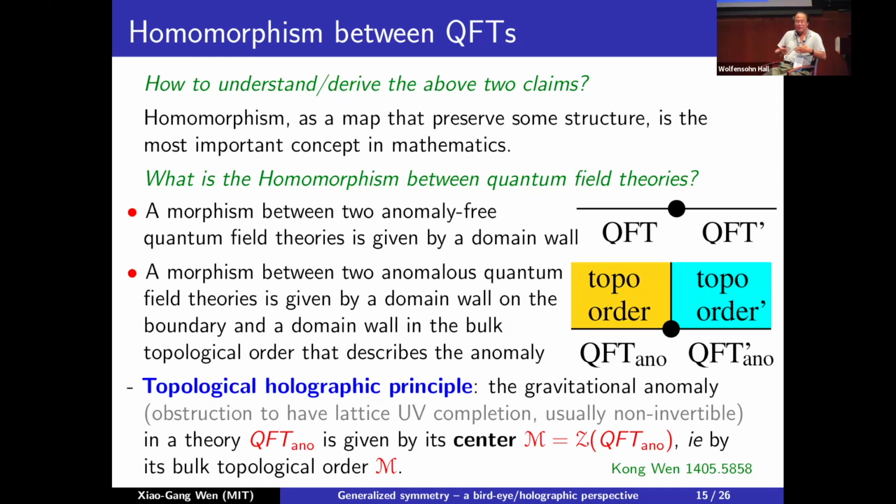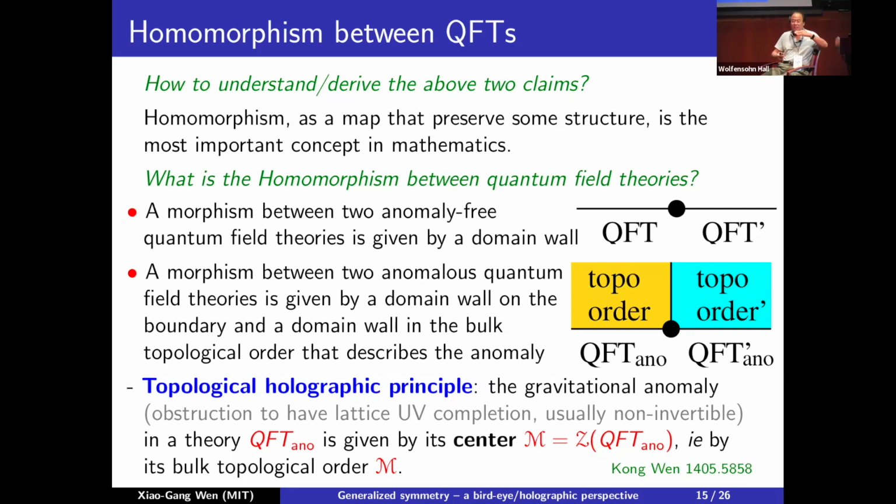Because it's so important, we want to define the homomorphism of quantum field theory, because quantum field theory is very important. Typically, the morphism between two things is defined by their domain wall. So very naturally, if we have a quantum field theory and another quantum field theory with a domain wall interface, then we say there's a morphism between the two quantum field theories. We can do a similar thing for anomalous quantum field theory.